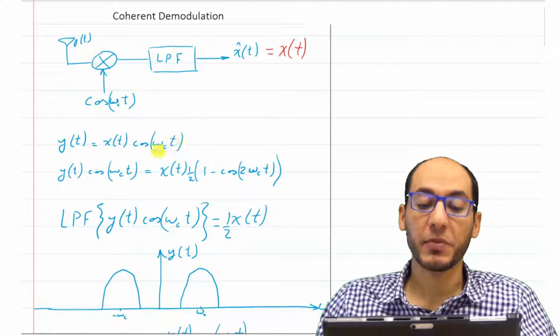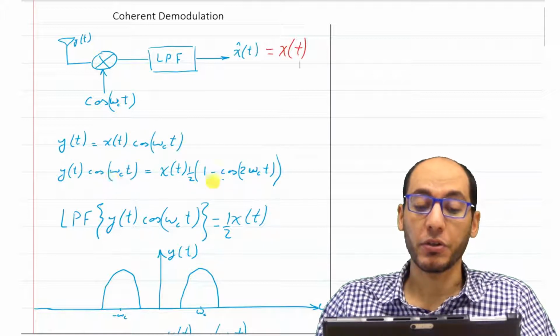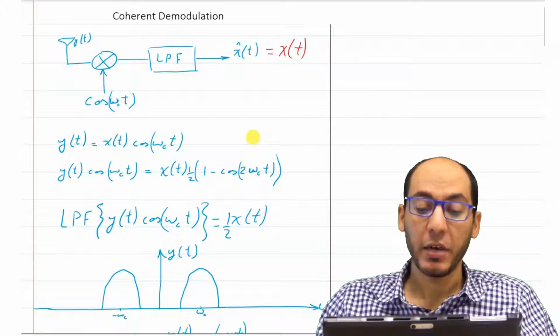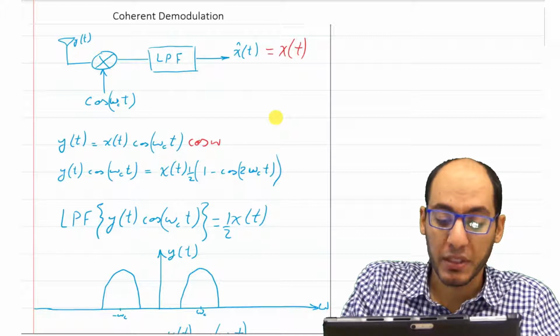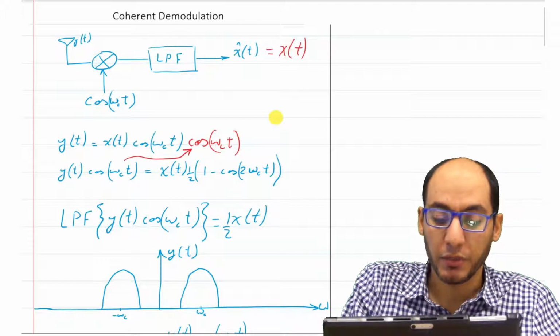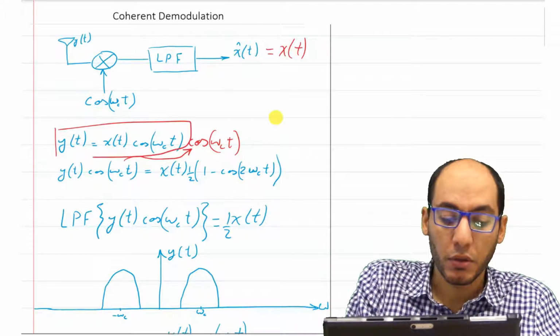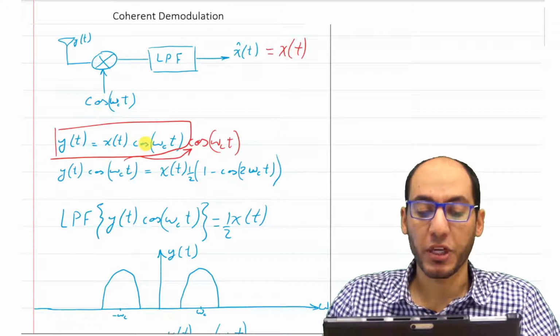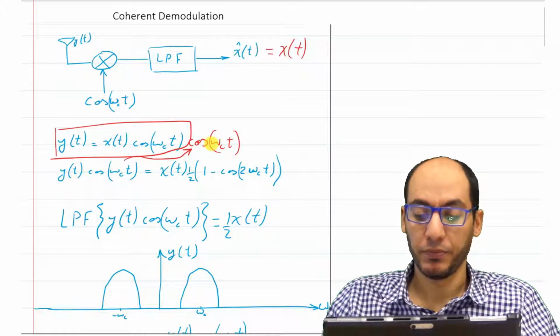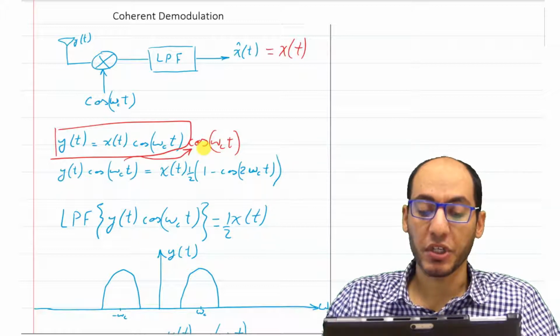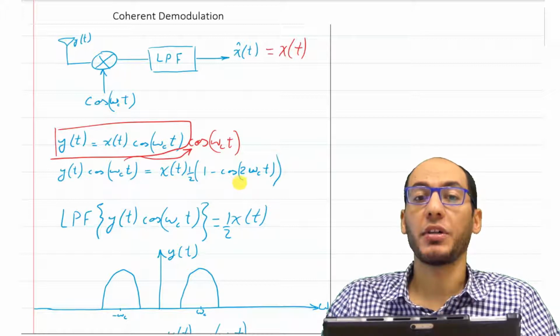So why does multiplication by the cosine result in obtaining the signal back? Because when you multiply a cosine by another cosine, omega ct, y of t is equal to x multiplied by cosine, and I'm going to multiply y of t by another cosine, which means that cosine squared will result in x multiplied by half of 1 plus cosine of double the angle.